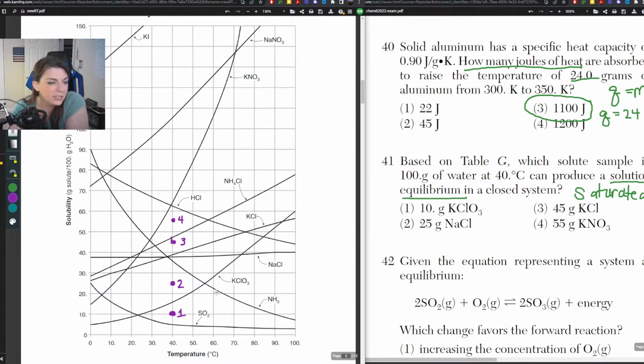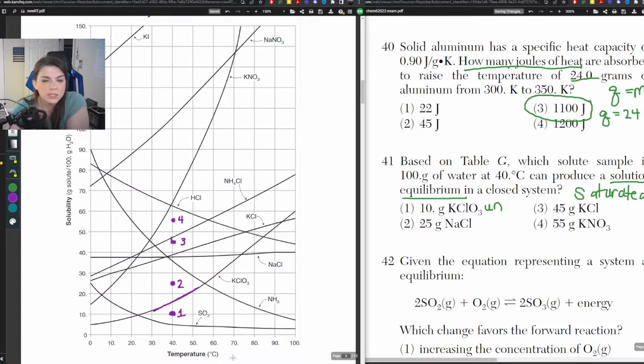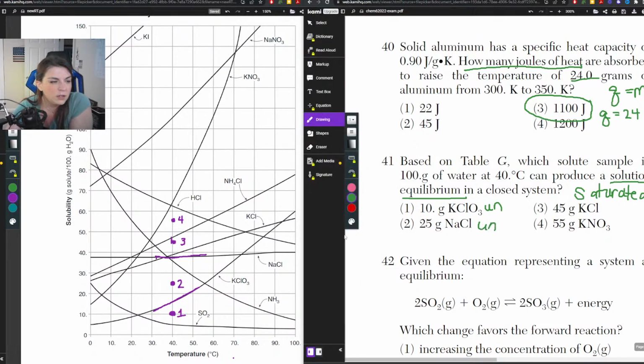The line for KClO3 is right here, and data point 1 is beneath that line. So that would be unsaturated, therefore not the correct answer. 25 grams of NaCl. The line for NaCl is right here, and 2 is below that. So that's going to be unsaturated.